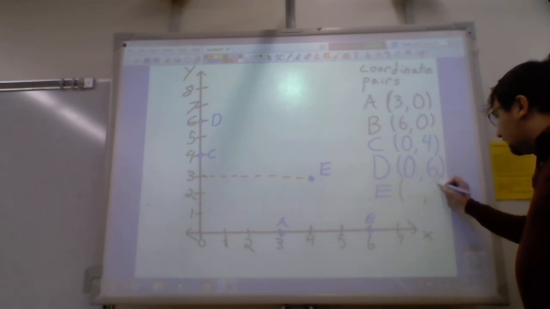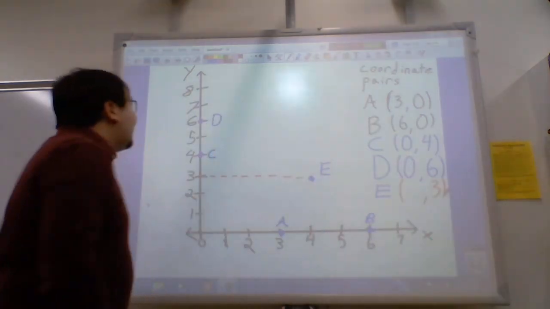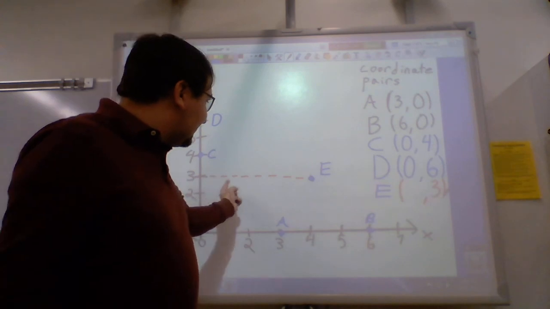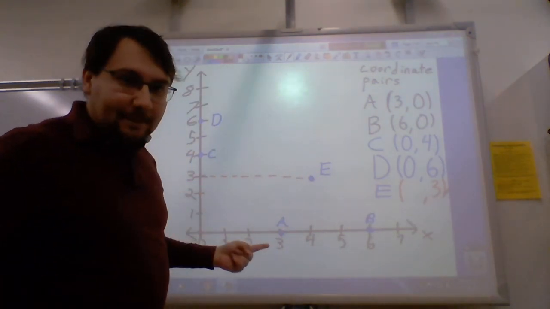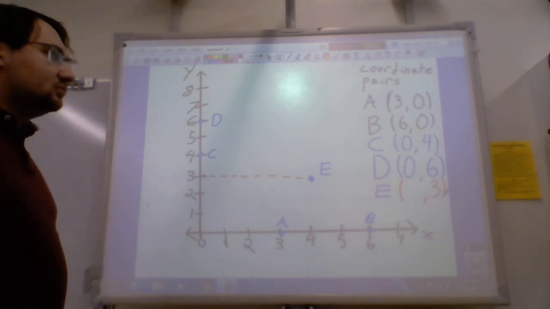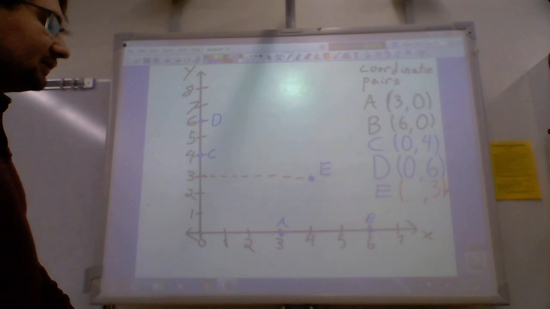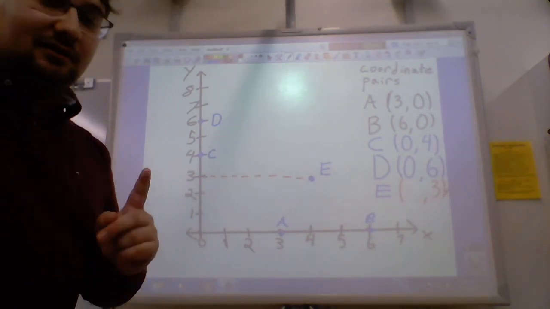It's going to be 3 because the coordinate of E on line Y is going to be 3 because we just ticked it over. Well, can that same thing work with line X? I'll give you a hint. I wouldn't be asking that question if it didn't.